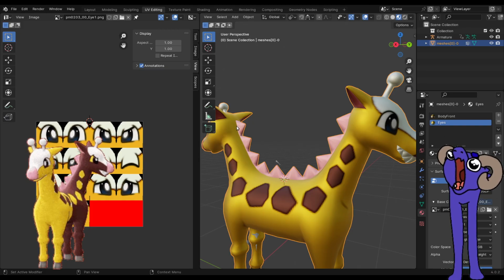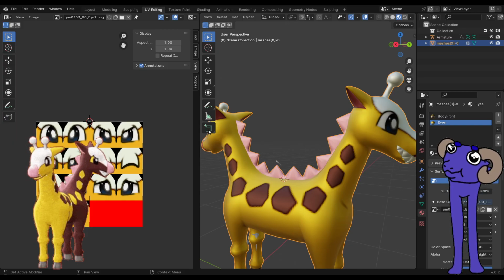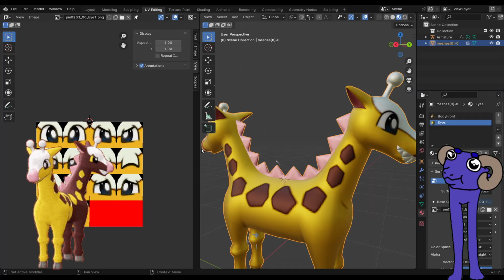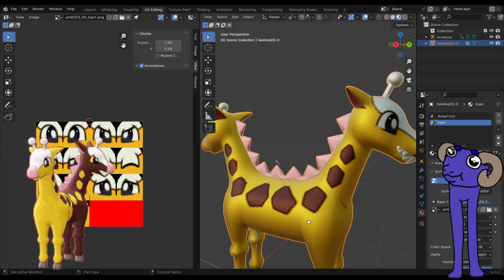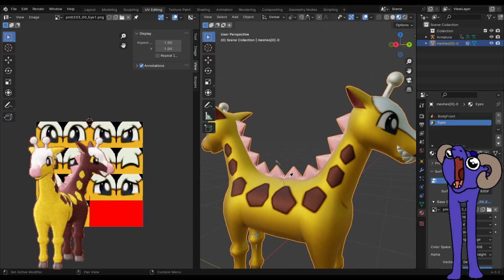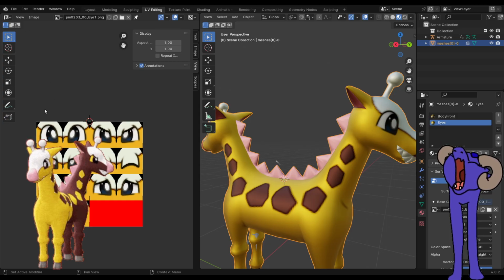We're going to also open the eyes. And we're going to image, resize the canvas to the 512 width, and we're going to copy and paste and edit.